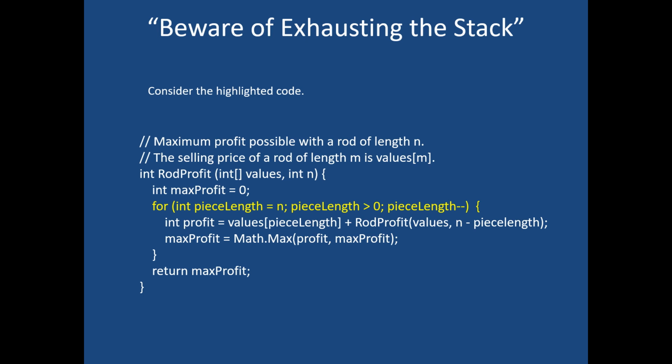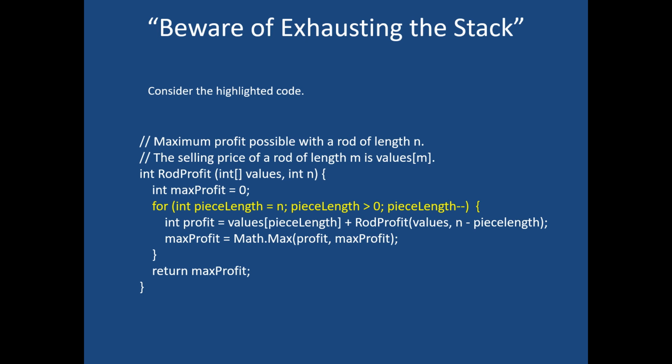What happens when piece length is 28? What's the recursive call going to be? Piece length of 2, then what? Piece length of 1, but that's already cached, so we only went 3 deep.